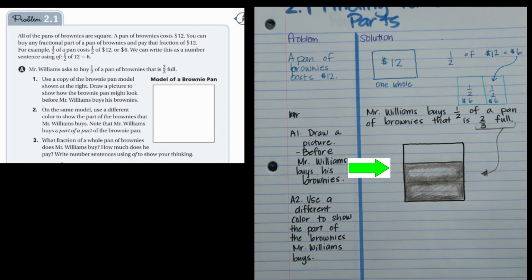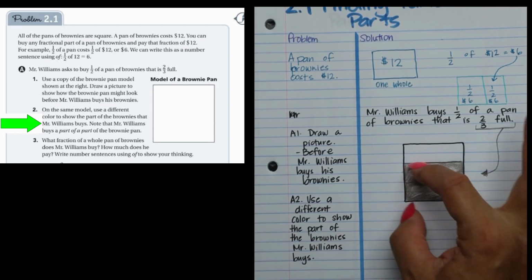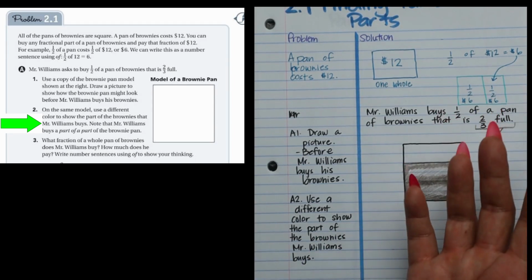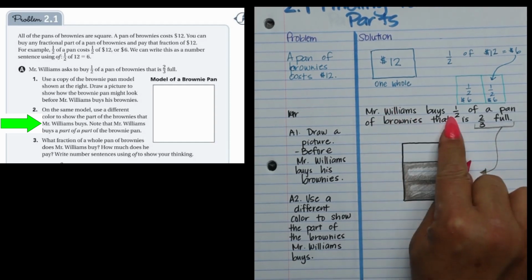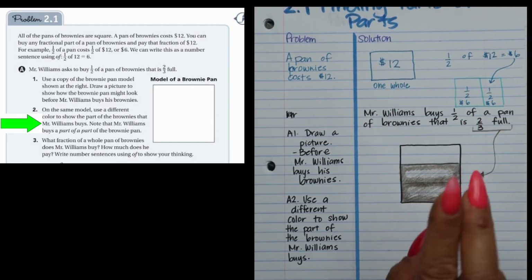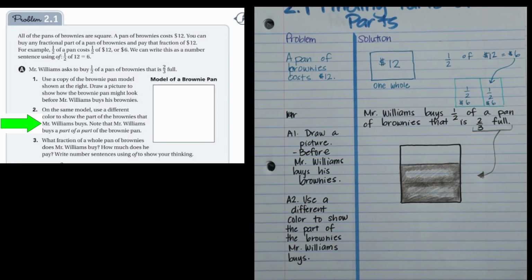Let's look at A2. On the same model, use a different color to show the part of the brownies that Mr. Williams buys. Note that Mr. Williams buys part of the brownie pan. So here's a part of the brownie pan, and it's 2/3 full. Mr. Williams wants to buy half of this. There are two ways to do it. Think about it. I'm going to use tape because I want to show which parts he could take.